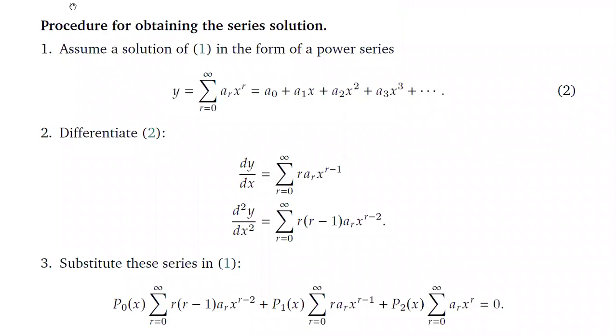So now, how do we get the solution for this particular equation? Your solution for y should be equal to a naught plus a1x plus a2x square plus a3x cube, etc. So we have to find the values of these coefficients. First of all, let's see how we find the values of these coefficients.